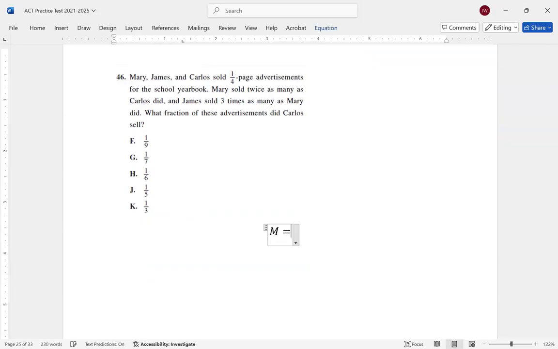So if Mary sold twice as many as Carlos, the amount that Mary sold, M, is going to be twice the amount Carlos sold, C. James sold 3 times as many as Mary, which is 3 times 2C. So James also sold 6 times the amount of Carlos. And then obviously Carlos sold C, right?